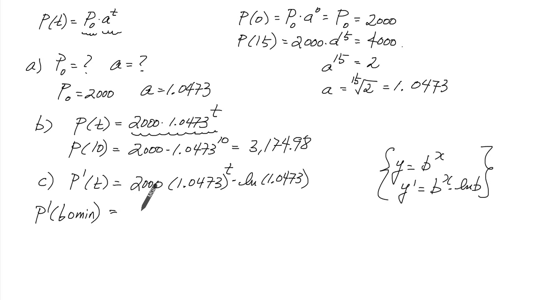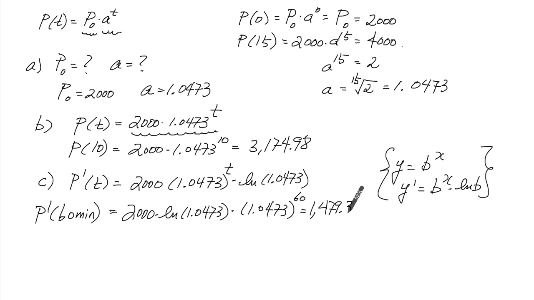Plug 60 in for t into our derivative, and we get 2,000 multiplied by the ln of 1.0473 multiplied by 1.0473 raised to the power of 60, and my calculator tells me that's 1,479.39 algae population growth per minute.